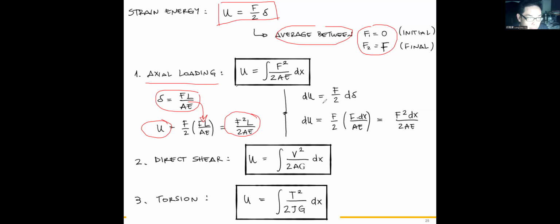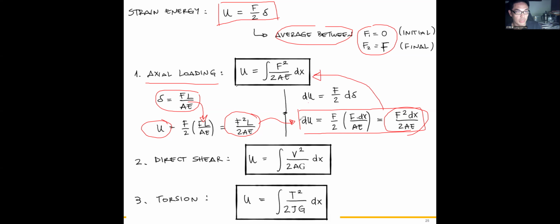We can take the integration of the small energy with respect to the force to get a deflection. The additional energy equals F squared times dx over 2AE, where A is the cross section and E is the Young's modulus. We take the integration to get the strain energy for actual loading.